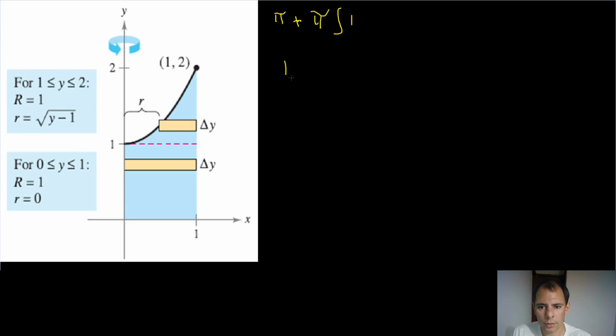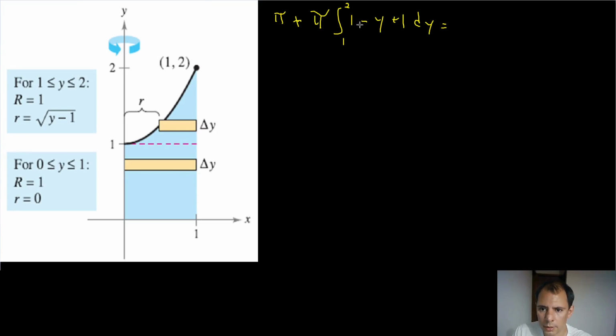And the little r squared of y equals the square root of y minus 1, so minus y plus 1 dy. And I'm integrating from 1 all the way to 2, y equals 1 to y equals 2.